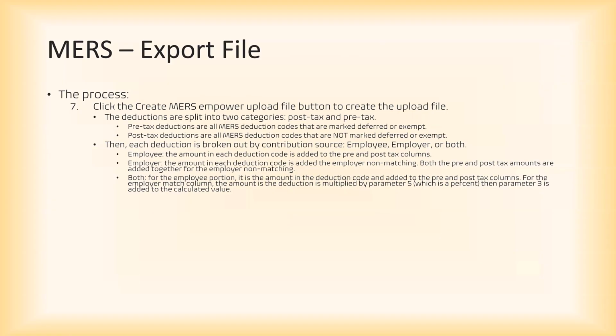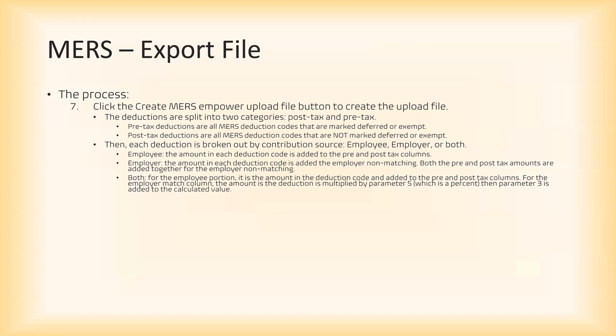So for example, if you have a deduction code that is $50, param 5 is 10, which is 10%, and param 3 is 5, we'll take 10% of 50, which is 5. I believe it's 5. And then param 3, which is 5, is added to that.